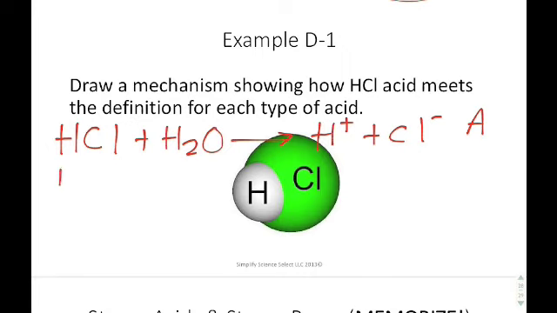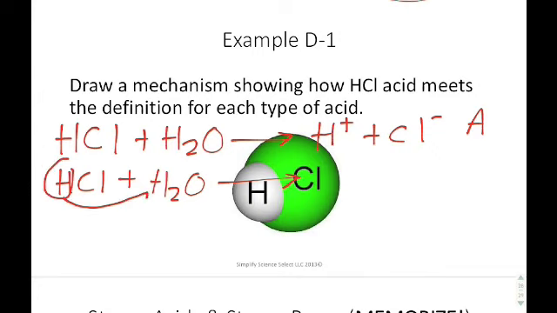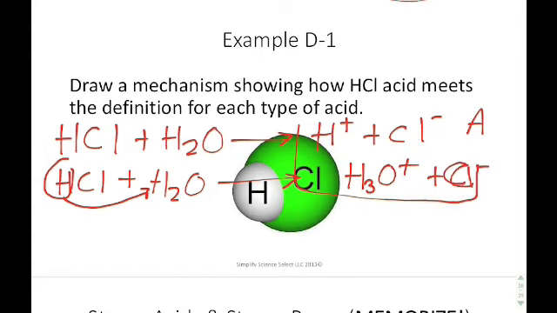The next thing we do is we say HCl plus H2O goes to, and now what I need to do is I need to donate this proton, and when I donate the proton I get H3O plus, and then plus a Cl minus. So remember, these are basically the same thing. This right here is the Bronsted-Lowry acid.